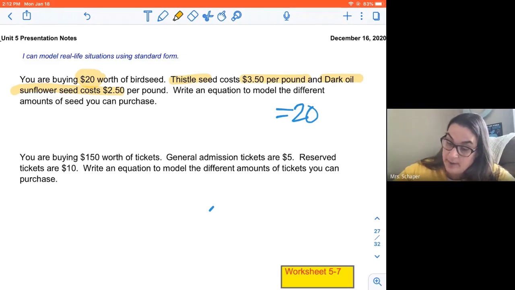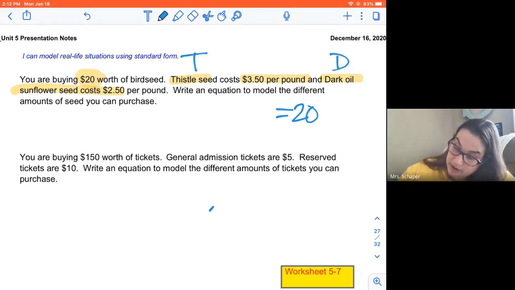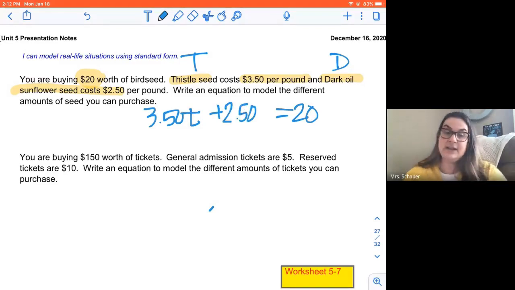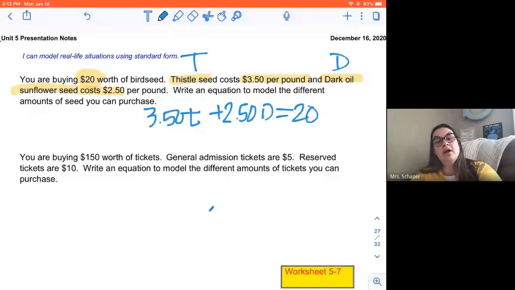I'm going to use T for thistle seed and D for dark oil sunflower seed. So we know that $3.50 times the number of pounds of thistle seed plus $2.50 times the number of pounds of dark oil seed is going to get me a total of $20.